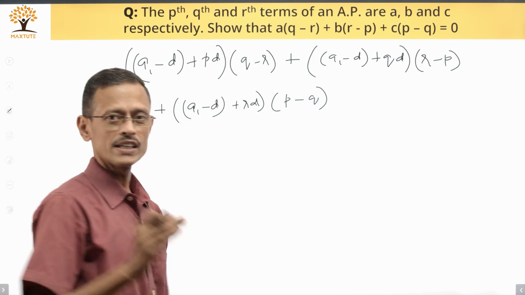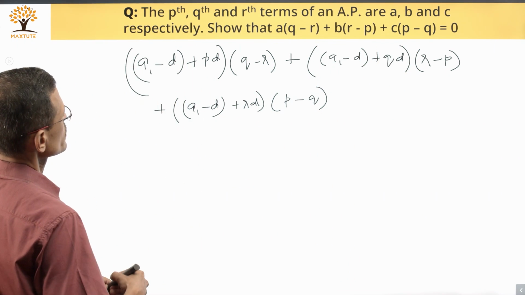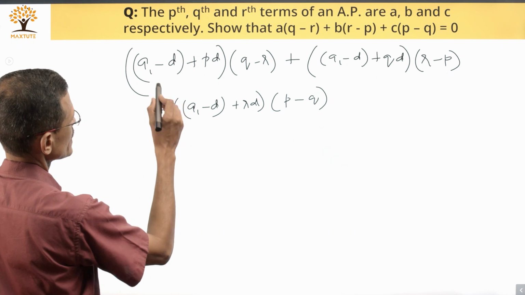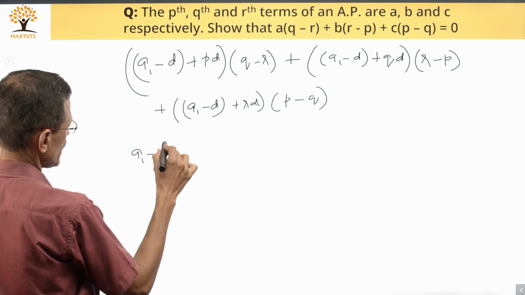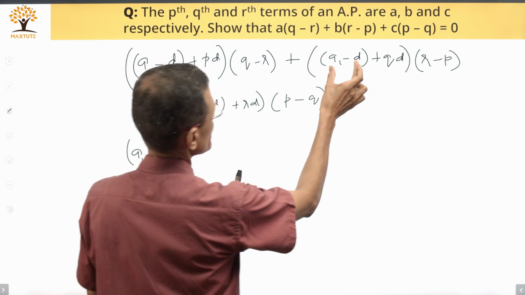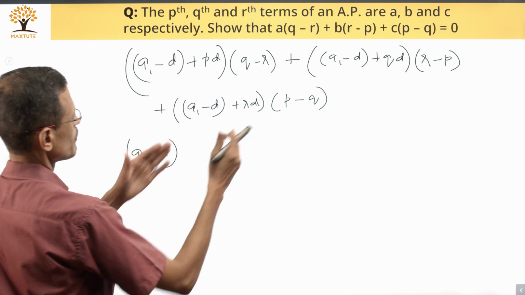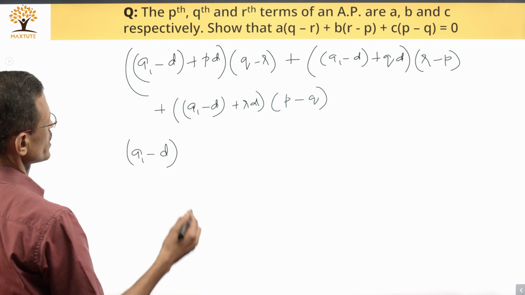We are working with the left hand side. Finally, we will have to establish that this is equal to 0. Now, let us look at it. What do we have? a1 minus d, I am going to take as a term: (a1 minus d) into (q minus r), (a1 minus d) into (r minus p), (a1 minus d) into (p minus q), when I multiply each of these things inside, that is what it is going to pan out to.